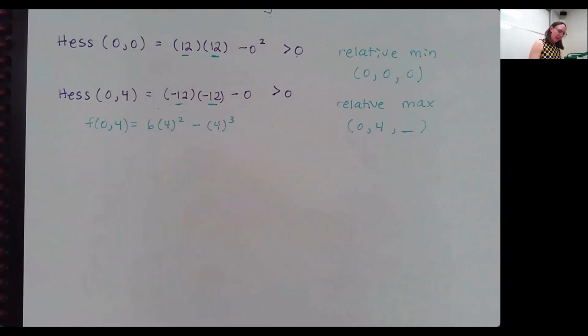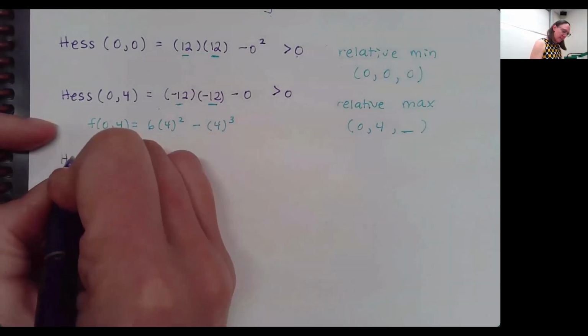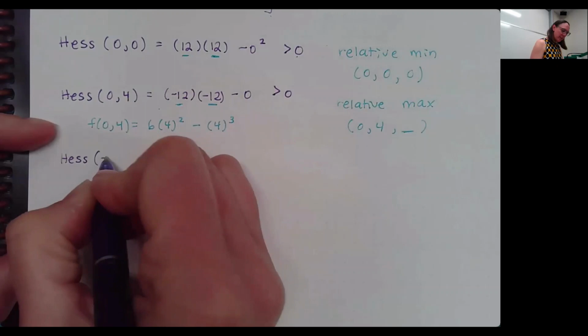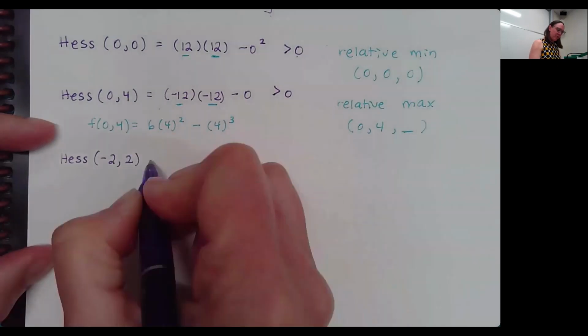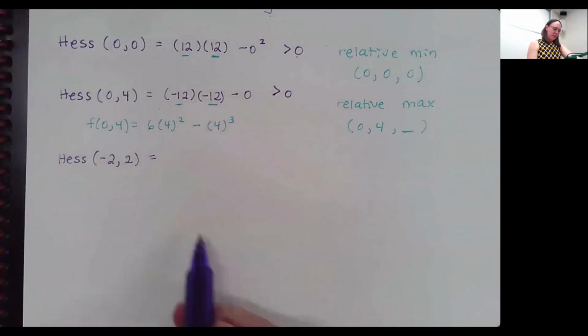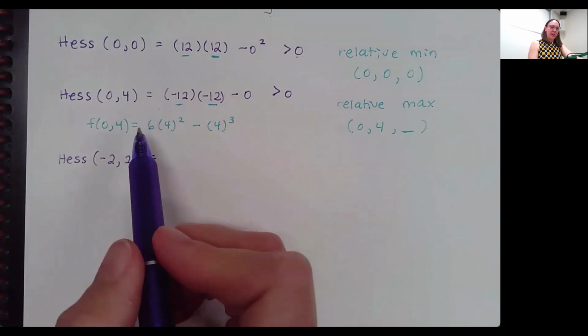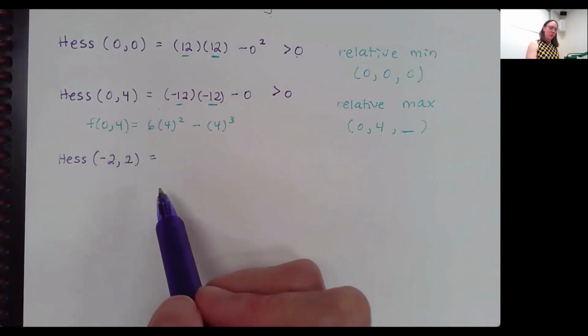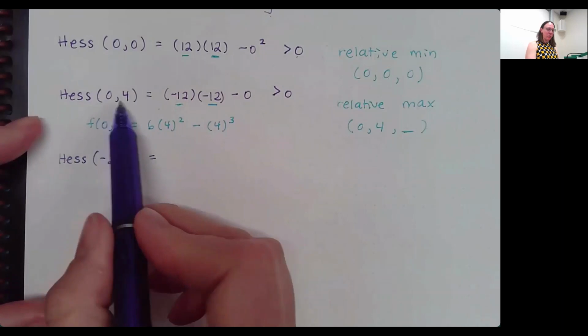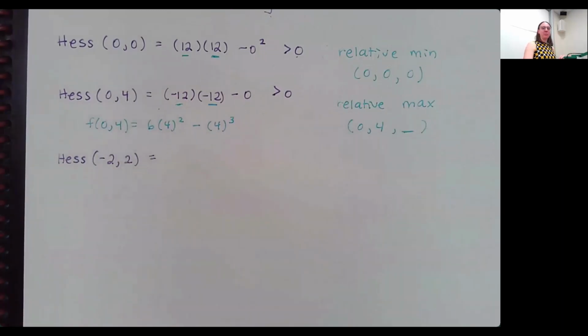And then if we check our Hessian at our other two critical points, -2, 2. So this time when I look at my, oh, okay, so why is 0, 4 a relative maximum? Again, I'm not drawing the entire graph.